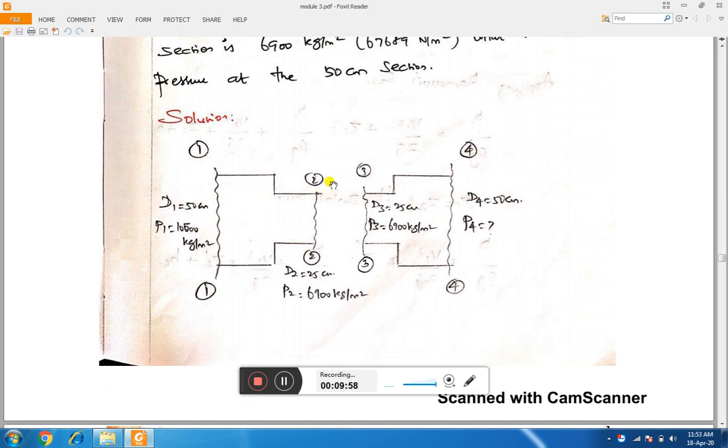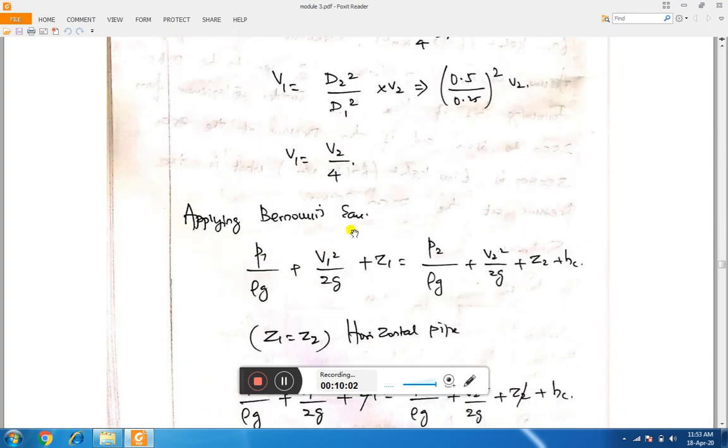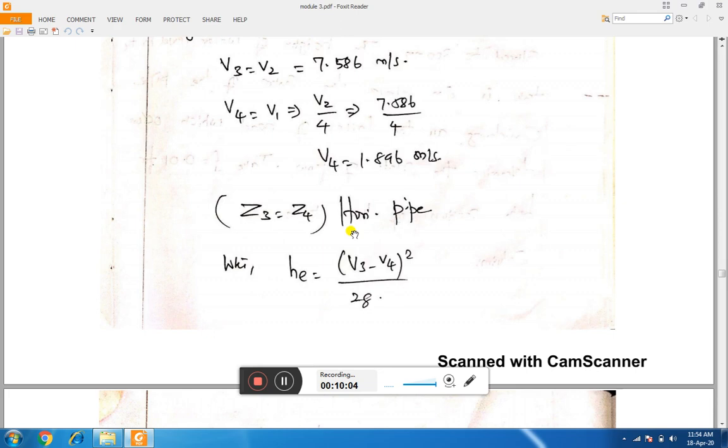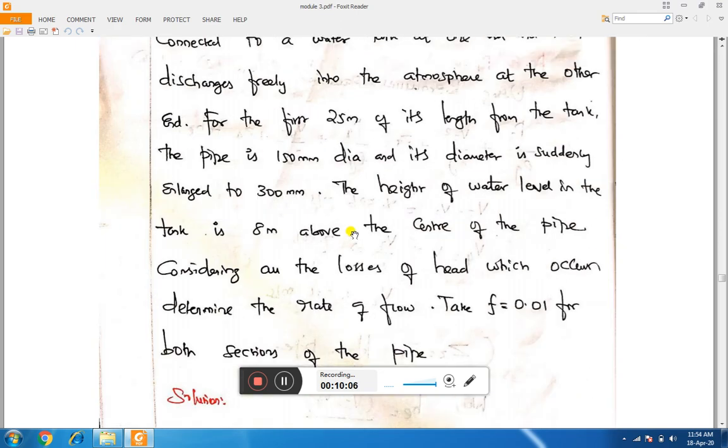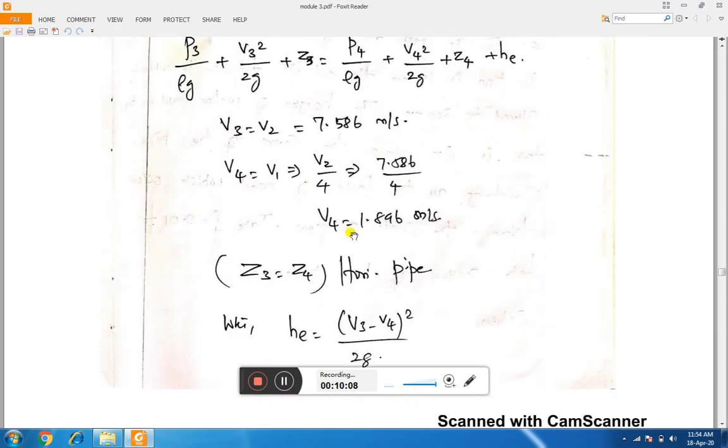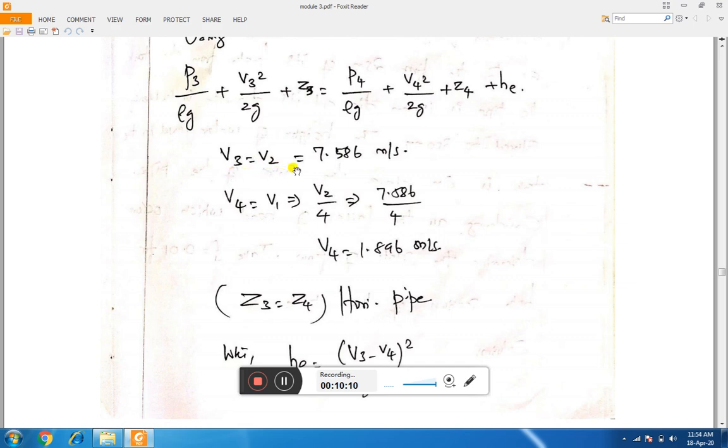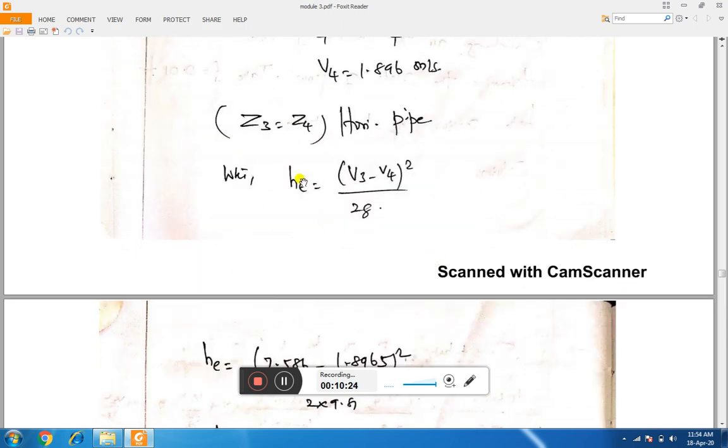Similarly at section 2 and 3, the diameters are the same, 25 and 25, so velocity is going to be the same. So that is what is written here. Okay, v3 equal to v2 equal to this value, v4 equal to v1, but v1 equal to v2 by 4, so 7.586 by 4, so v1, which is equal to v4, equals 1.896.